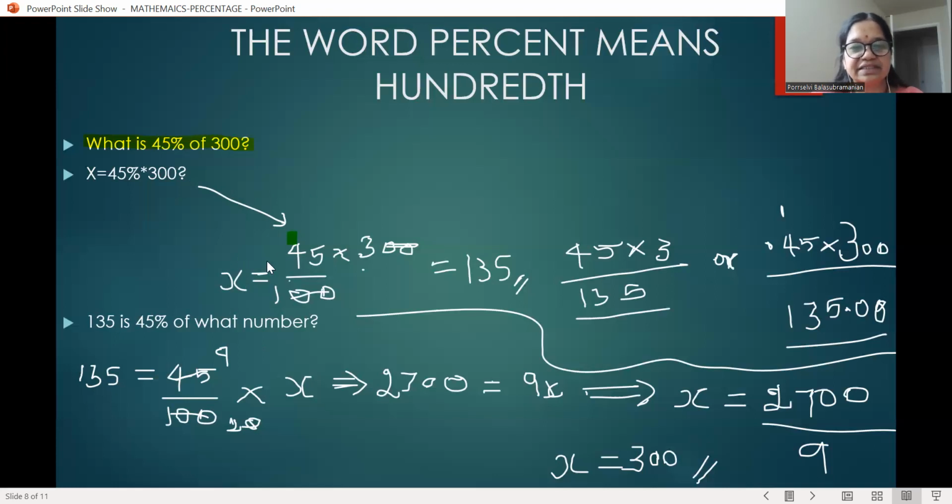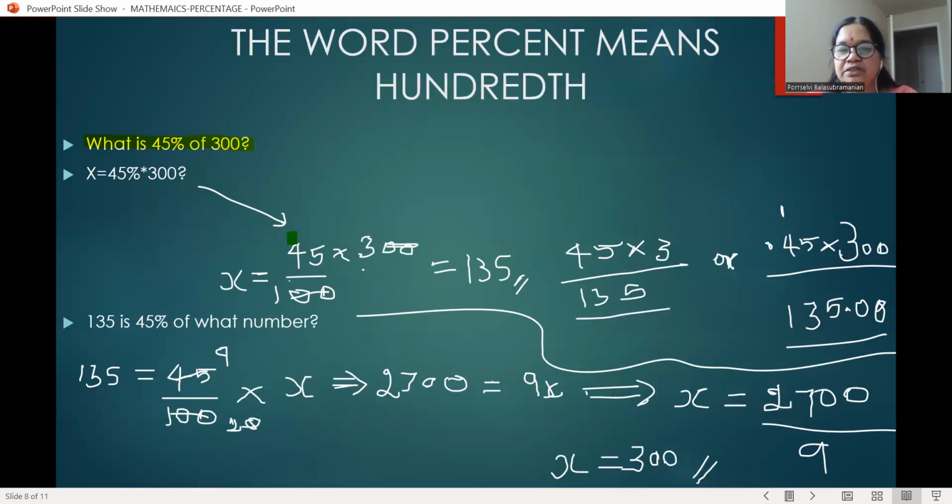Okay, first we'll see 45 percent written in fraction form. So 45 divided by 100, into 300. Here I cancel these two zeros with the two zeros of 300. So we'll get 45 into 3, which is 135. So 135 is equal to 45 percent of 300.